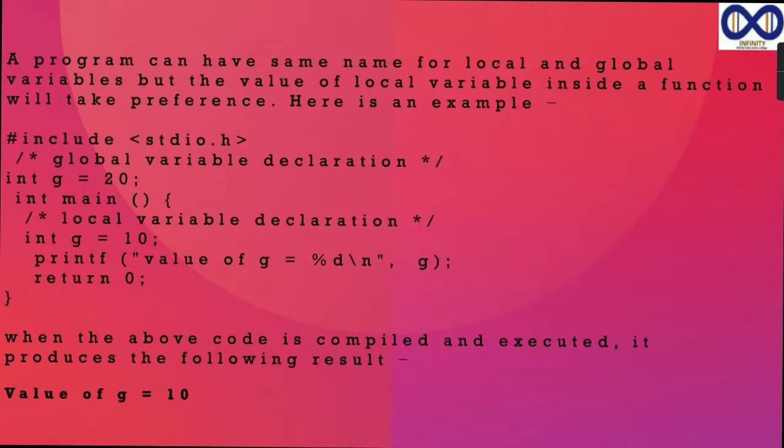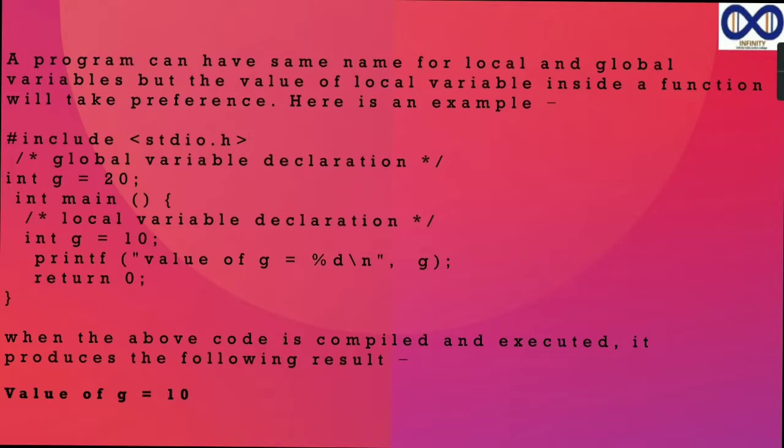A program can have the same name for local and global variables, but the value of the local variable inside a function will take preference. Here is an example of a program with both local and global variables. It has include stdio.h, and this is a very small program.